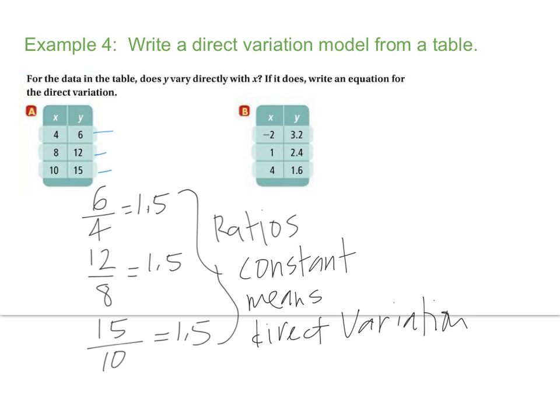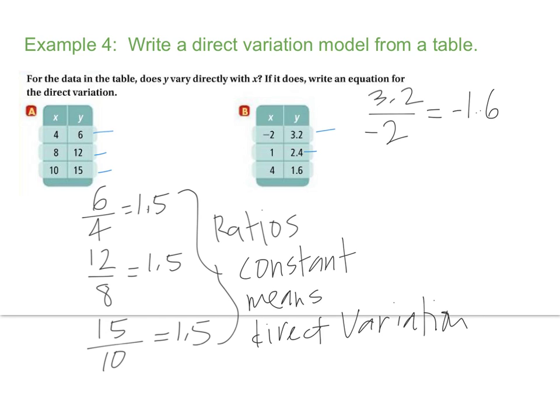And so that was part A. Looking at part B and checking the ratio there, I have y is 3 over 2 divided by x, which is negative 2, and that equals negative 1.6.